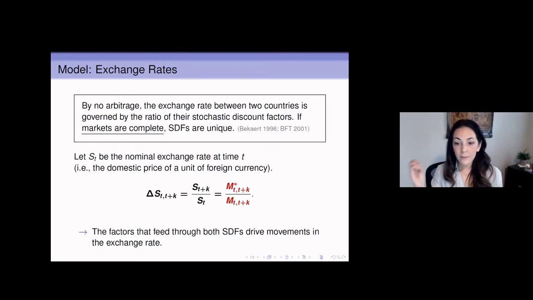However, when we are looking at the British pound US dollar exchange rate, notice that that exchange rate is going to be influenced by both US and UK interest rate factors. So this is my extension of the model and the way that I'm going to be modeling exchange rate fluctuations. And notice that I'm going to be doing this for different horizons. That's why we have the k in there. So I'm going to be looking at movements in the exchange rate 1 month from today, 2 months, all the way to 1 year.